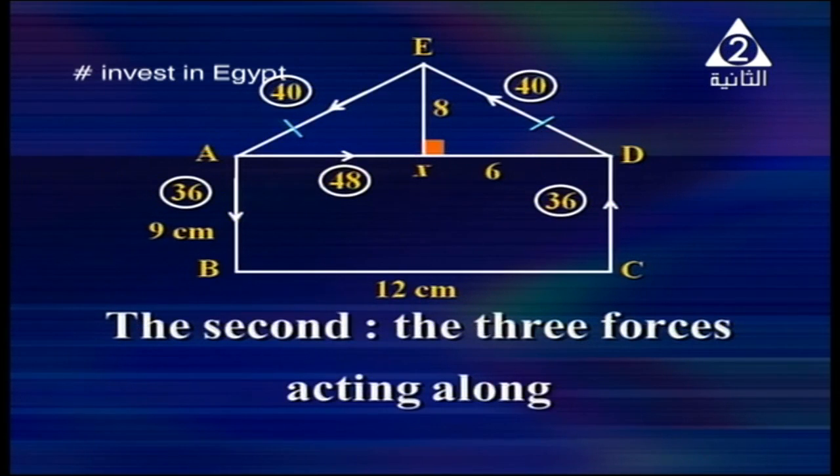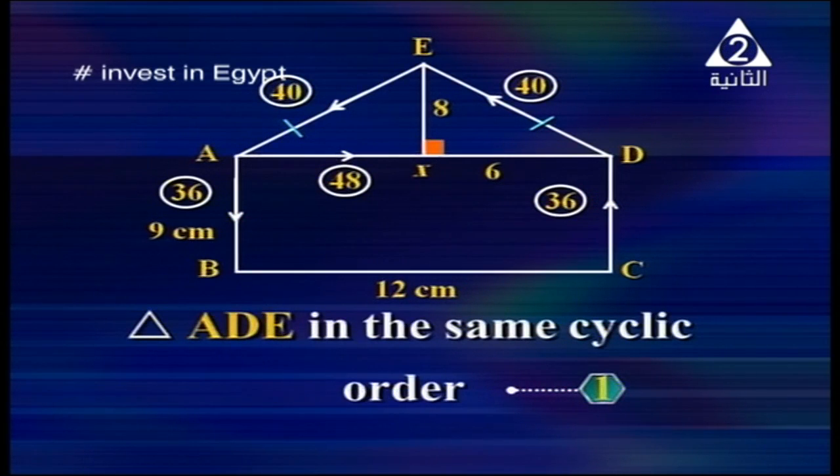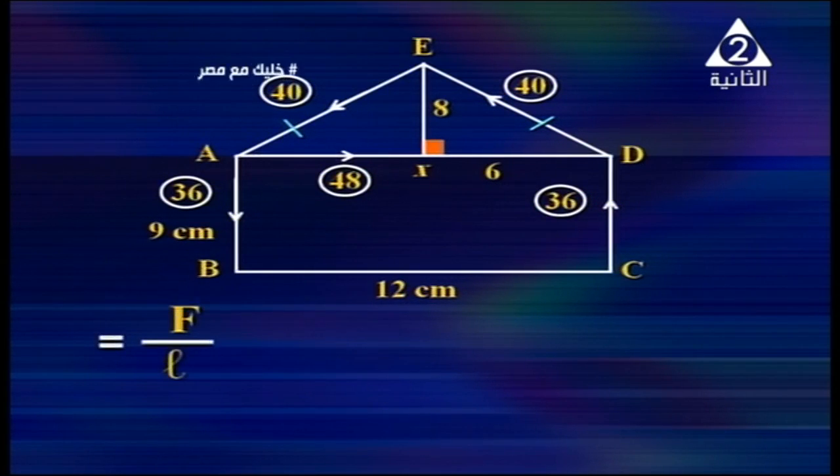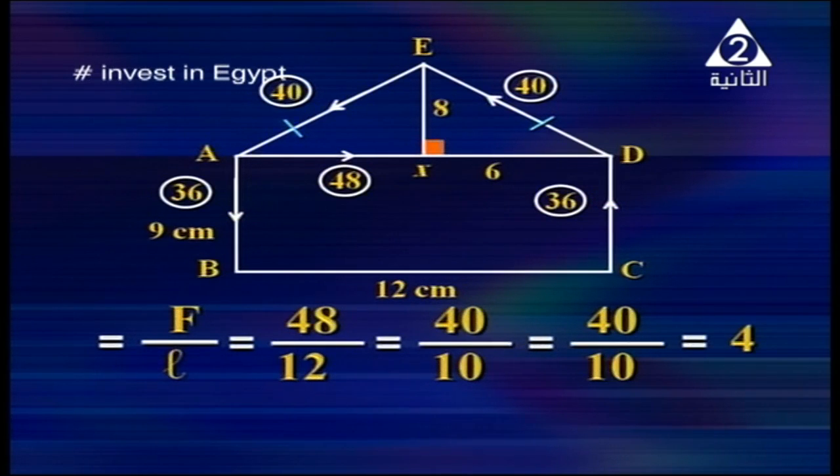The second, the three forces act along triangle ADE in the same cyclic order. What is the ratio between the force and the length? It equals 48 over 12, 40 over 10, 40 over 10 equals 4.